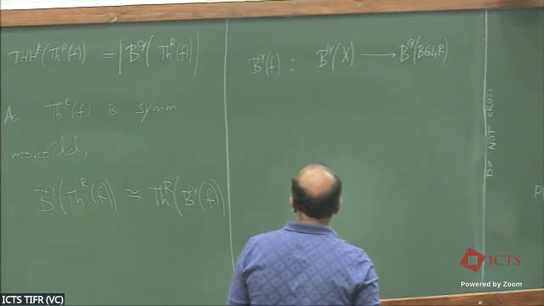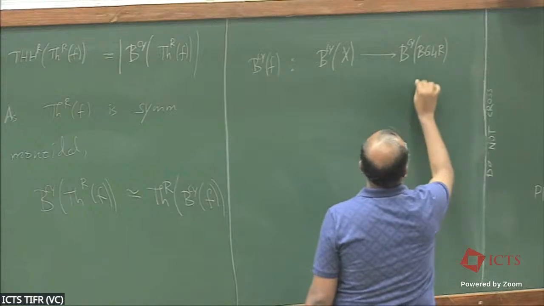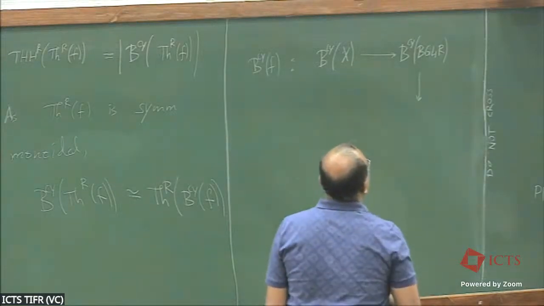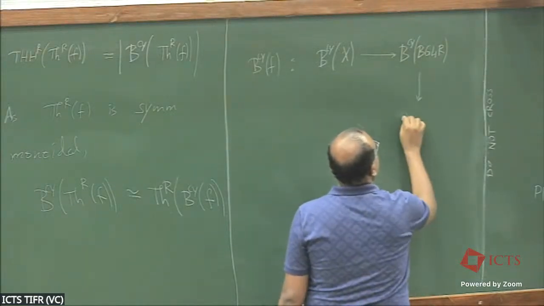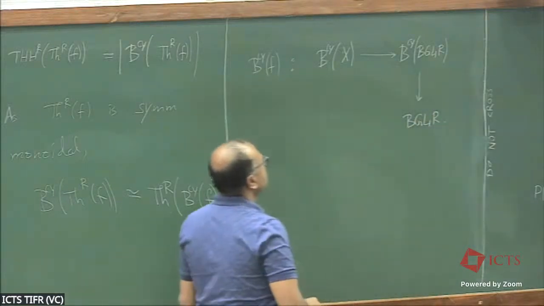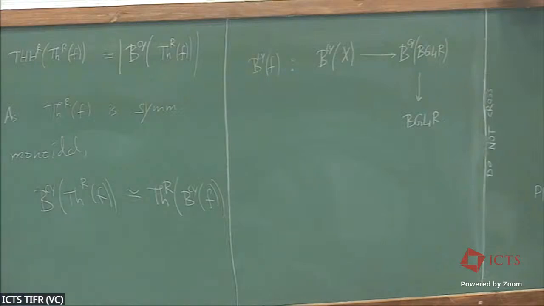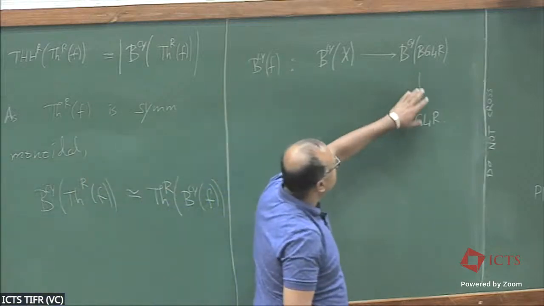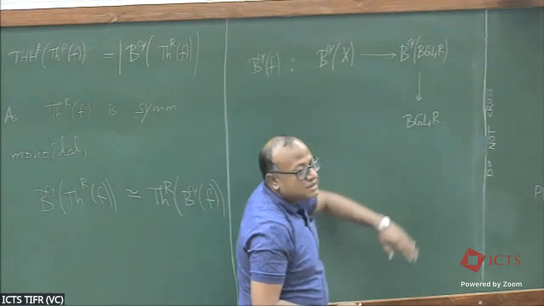And now you are supposed to multiply, because that's what the monoidal structure on maps is, and this goes to BGL1R.